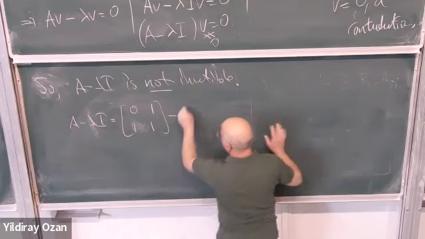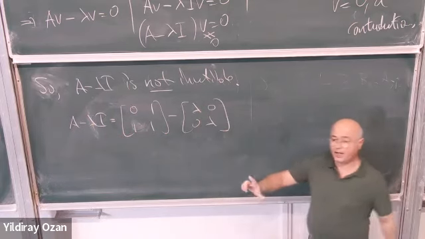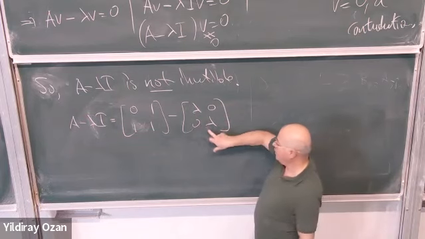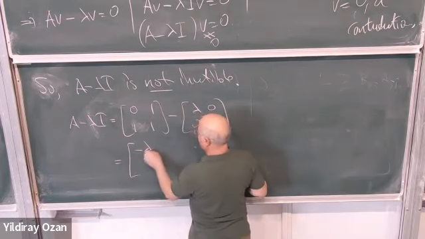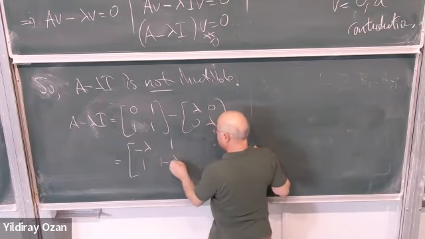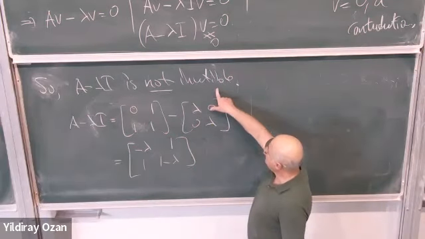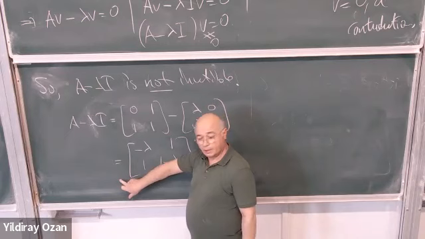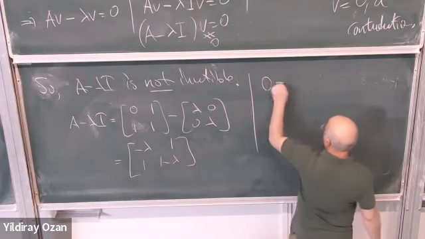Lambda times identity is just this, right? Identity times lambda is this matrix. So what is this? This is just minus lambda, 1, 1, 1 minus lambda. And since it is not invertible, the determinant of this should be 0. So we should have this.